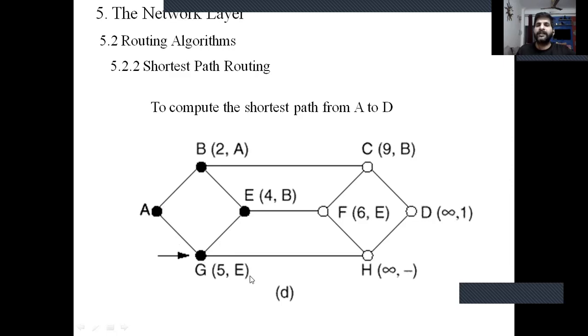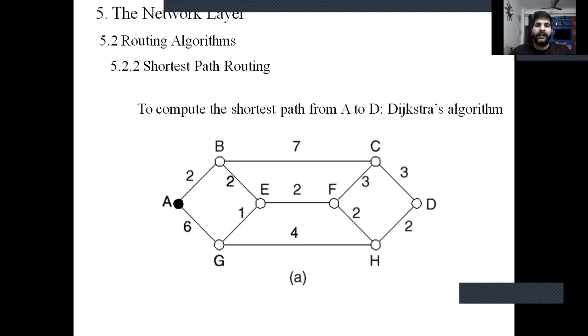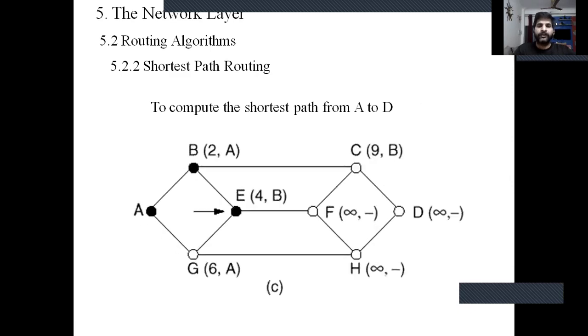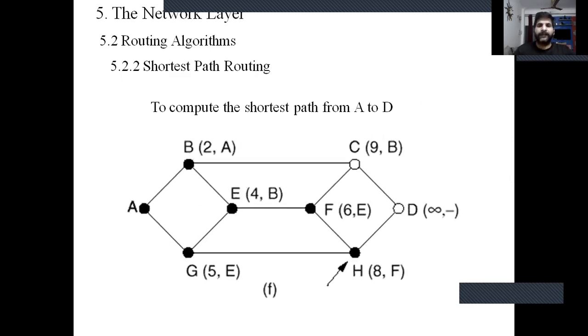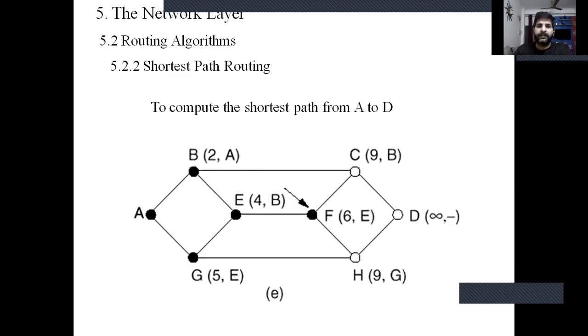Now find the smallest distance node, G. Now G floods the packet, and the value of G to H is 10. So the value of node H is 8 via F. Next, the value of 9 via G. Next, we find that the value of F is the smallest.